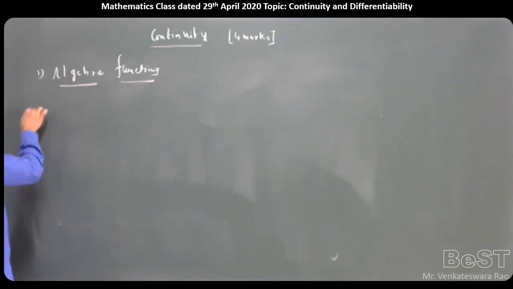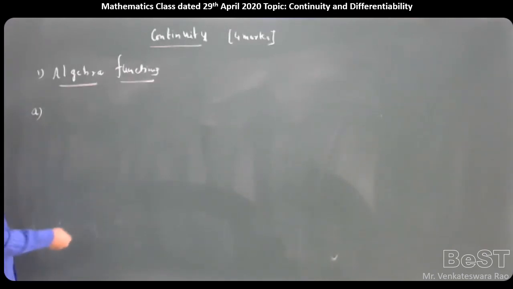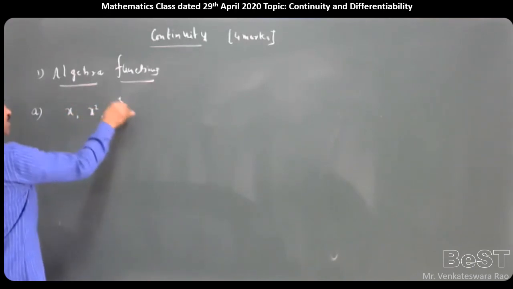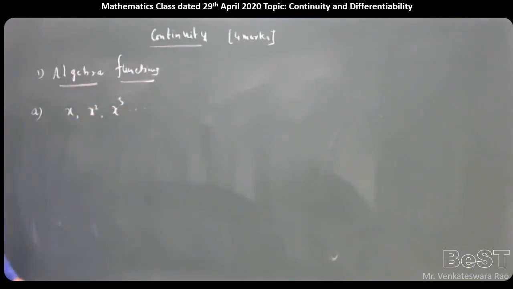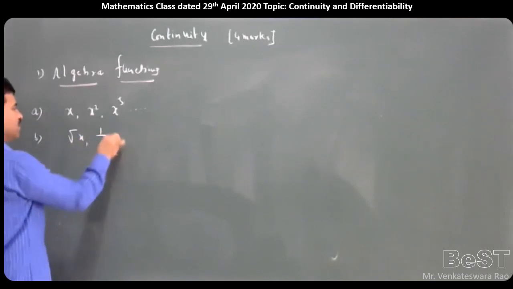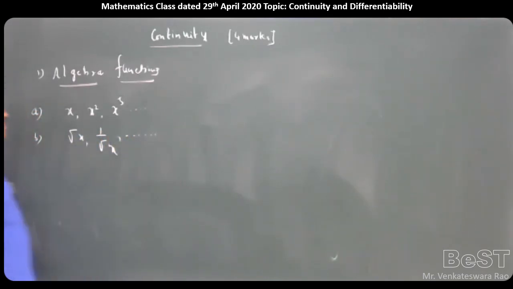So in algebra functions, the models are noted here. The first category is polynomials, polynomial functions like x, x square, x cube. See the different polynomials. Next, root x, 1 by root x.